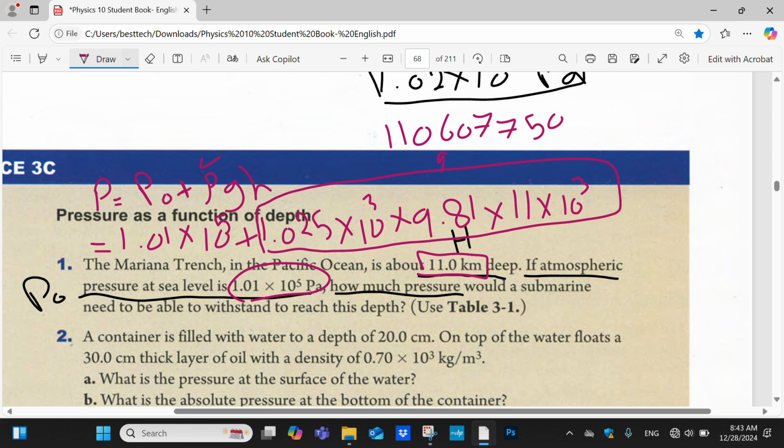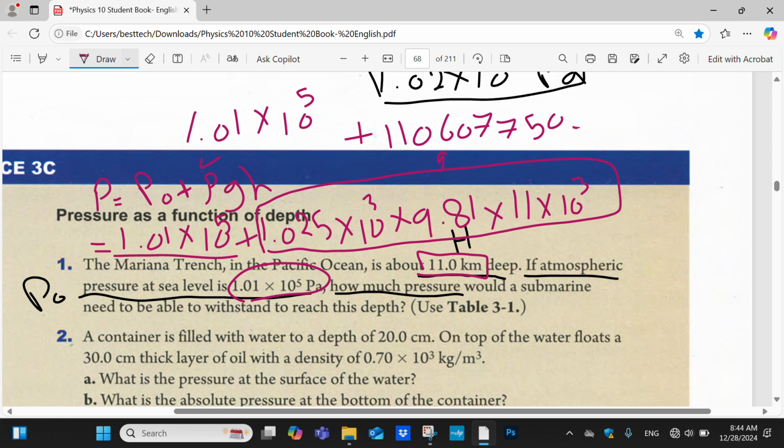So this is the answer of the right side. For the left side, plus it with this number, plus 0.1 times 10 power 9.